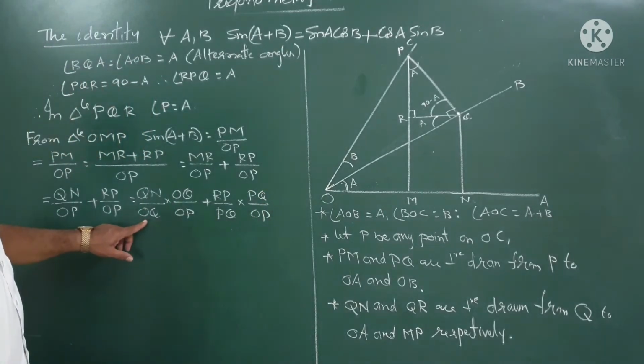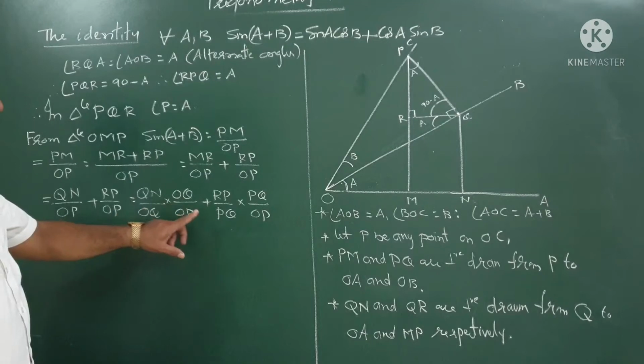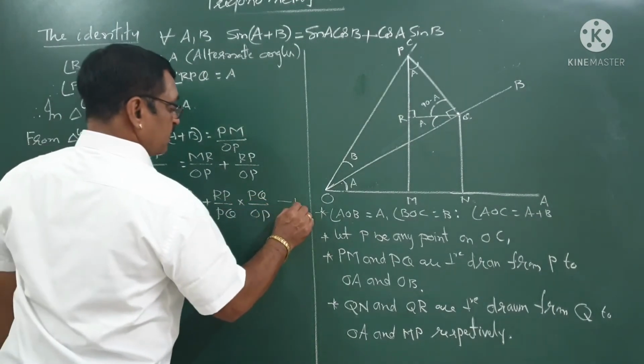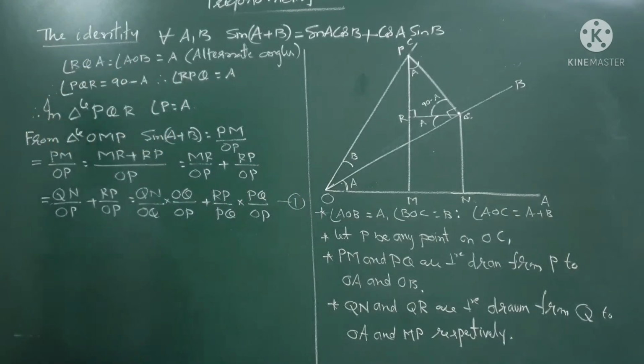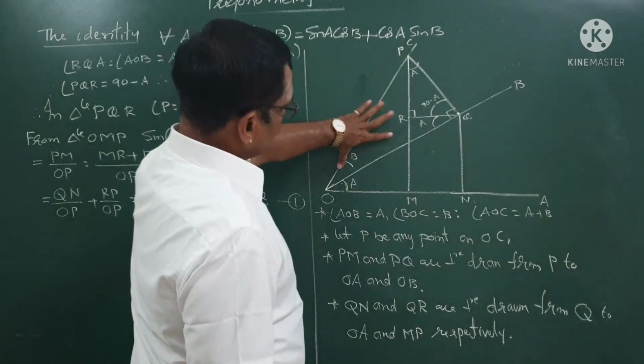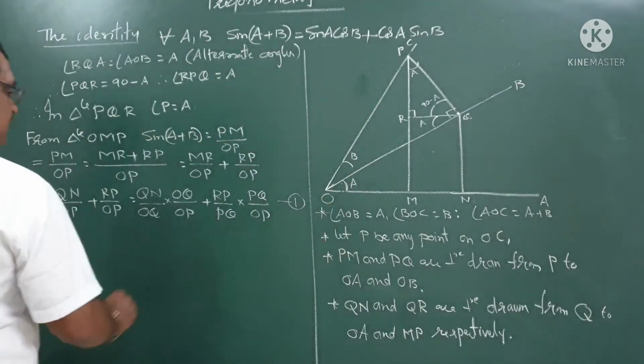I multiply and divide by PQ here. Now, that is equal to 1.